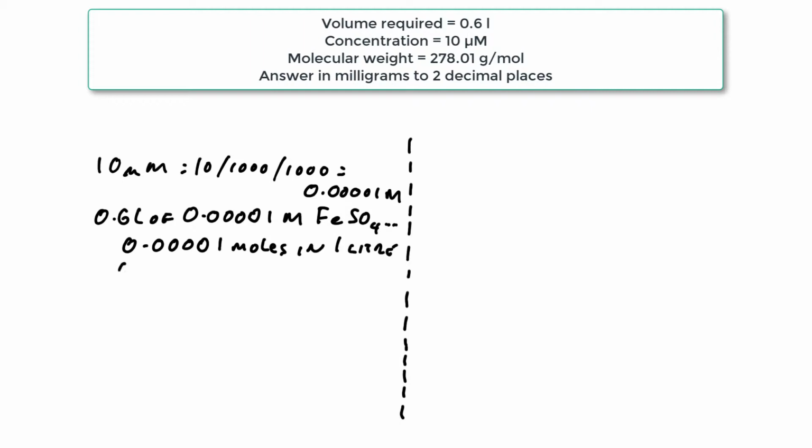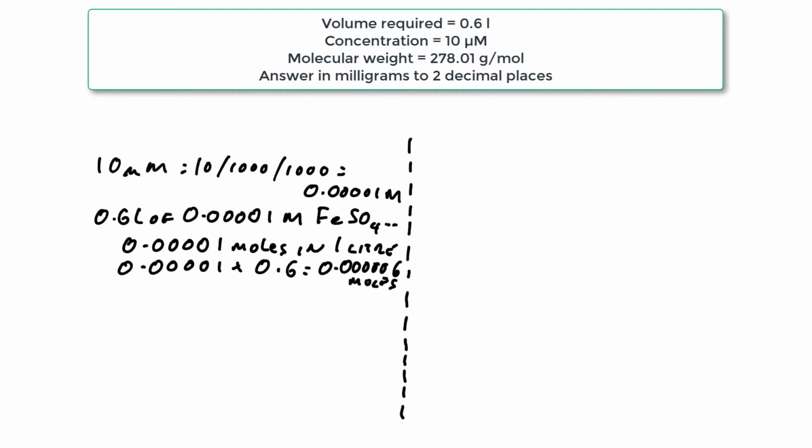But as we've got 0.6, all we have to do is take this number of moles and multiply it by the volume, which is 0.6, and this gives us the number of moles present in the 0.6 of a litre, which is 0.000006. So that should be 0. Then 5 zeros and then 6 moles.